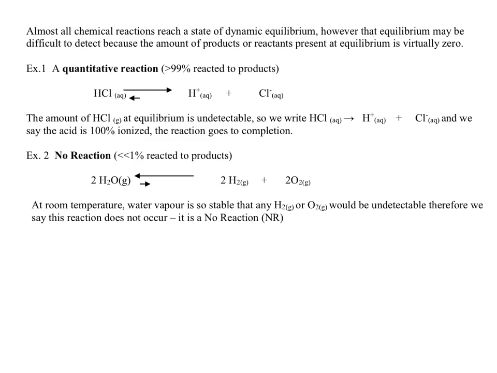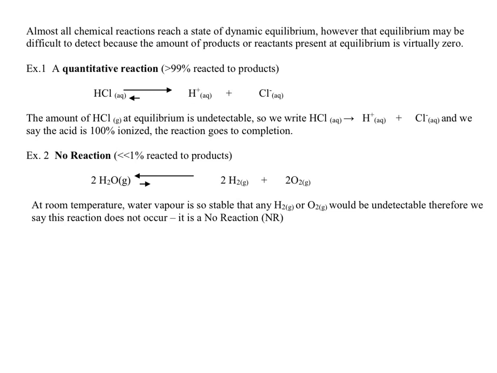We've got a quantitative reaction, which pretty much says this goes to completion. So it's more than 99% of your chemicals is your product. So that is considered to be a quantitative reaction.